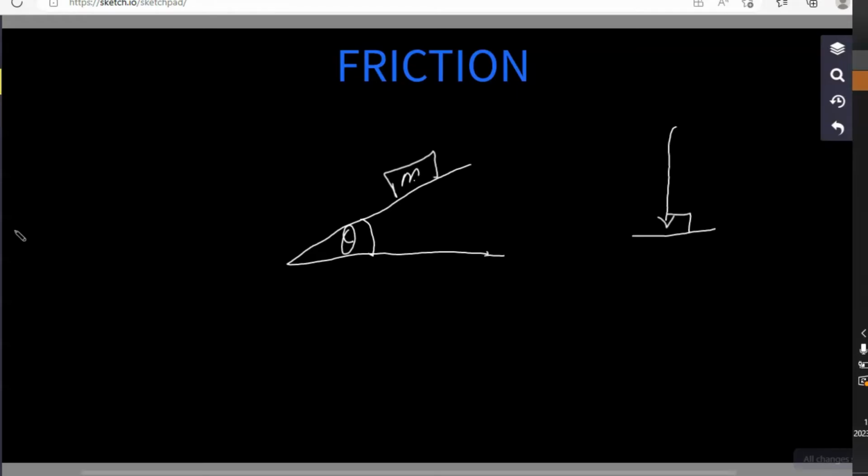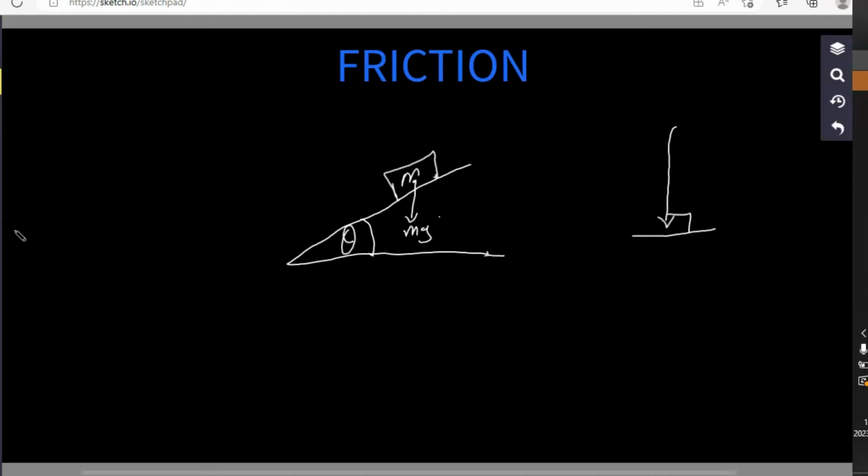That is telling us that the weight of this block is going to be like this: mg. We know weight is equal to mass times gravitational acceleration. And mg is a force, it's weight, and it's given in newtons.